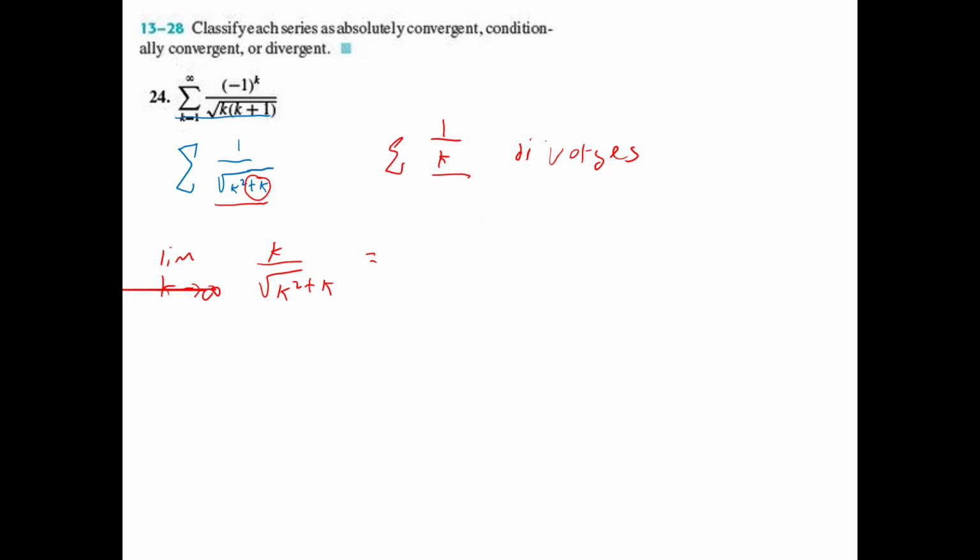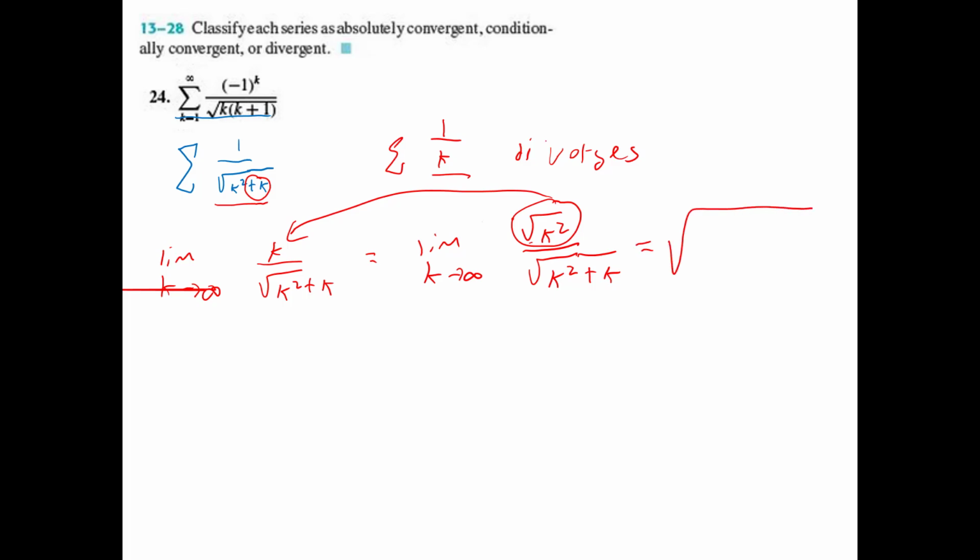We would like this to have a square root, so we can just square it and square root it. The square root of k squared is just k; we just rewrote it. Now that it's all one square root, we can take the square root all the way out, and this becomes the limit as k goes to infinity of k squared over k squared plus k, and this is 1. Since that's finite and not 0, both diverge.